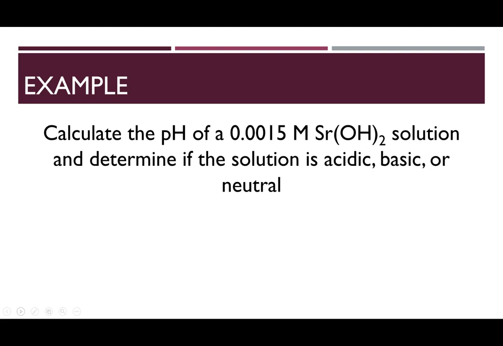All right, so here I see a base. That hydroxide screams at me that it's a base. So I'm going to take 0.0015 molar, and I'm going to multiply that by 2. Why am I multiplying it by 2?